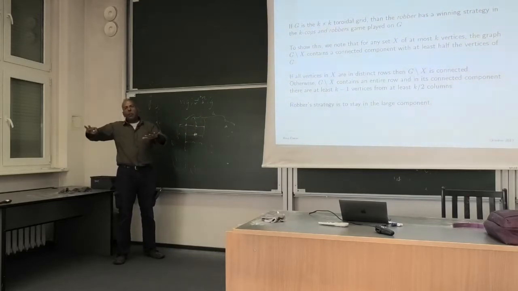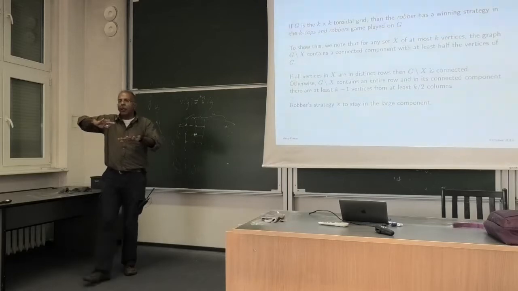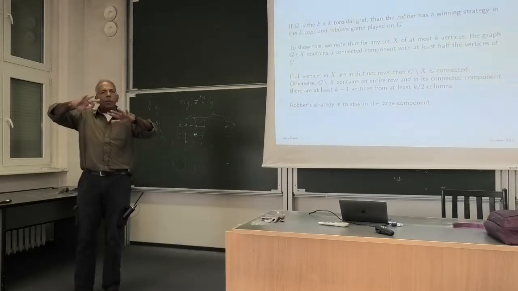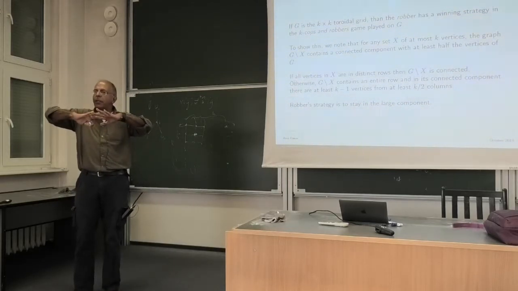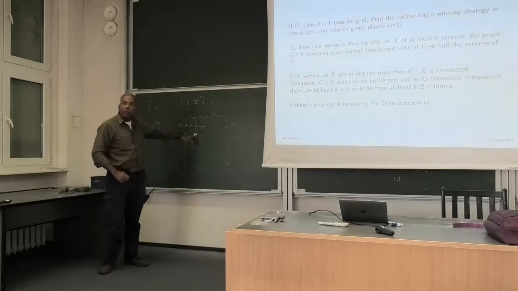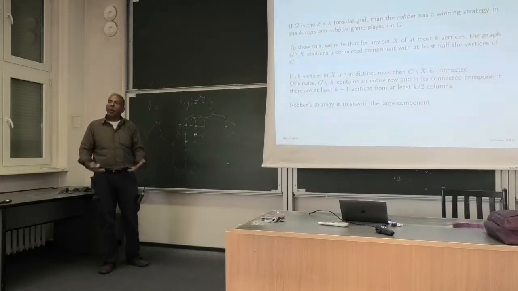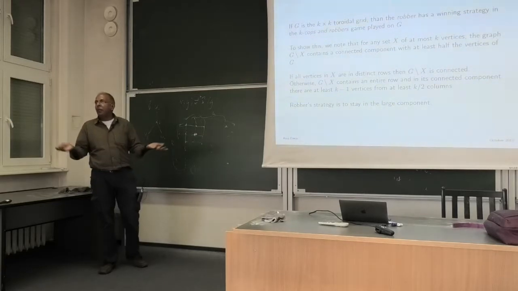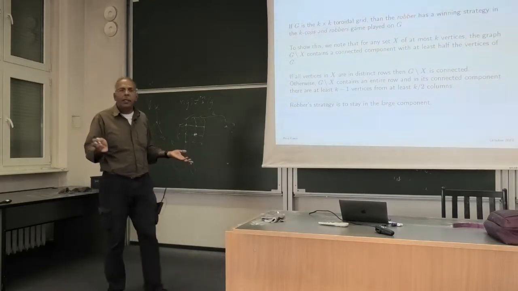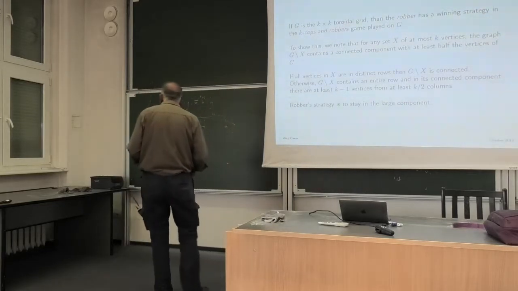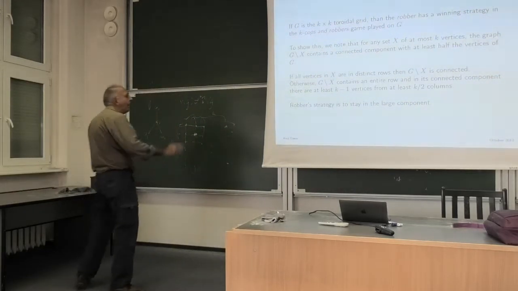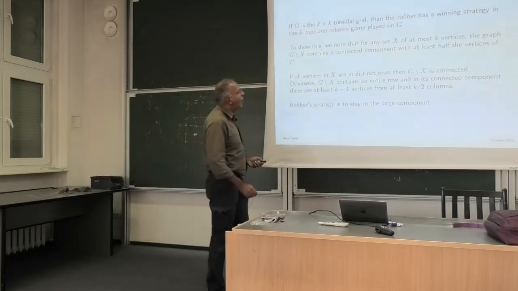Well, we know whatever the new position is, there will be a large component. These two large components are both more than half the graph, so they have a non-empty intersection. Robber just moves to somewhere in that intersection. That guarantees that at the next move, robber is still in the large component. And do this forever. Okay? So we have a graph where robber has a winning strategy.